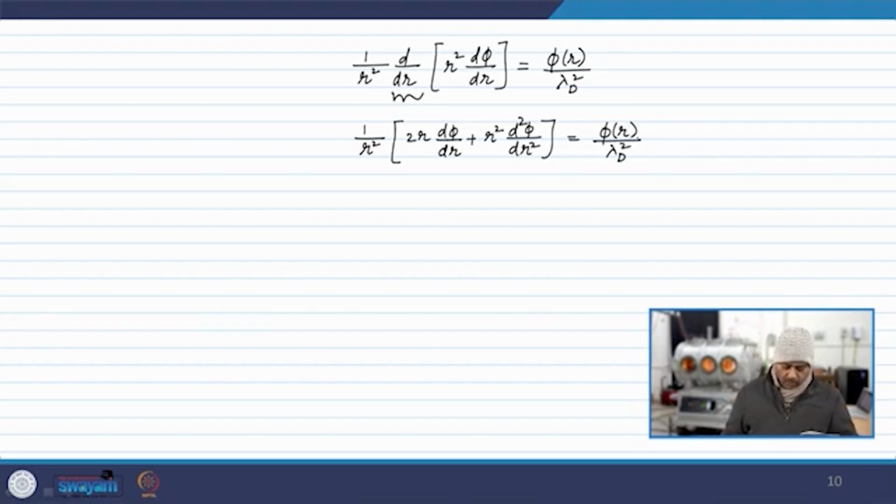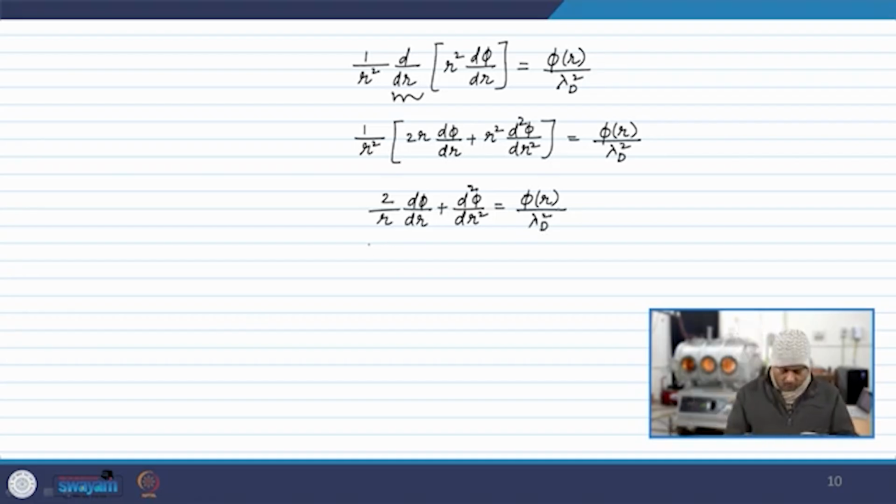Taking the 1 by r square also inside, we have 2 by r d phi by dr plus d square phi by dr square is equal to phi of r divided by lambda d square, right.